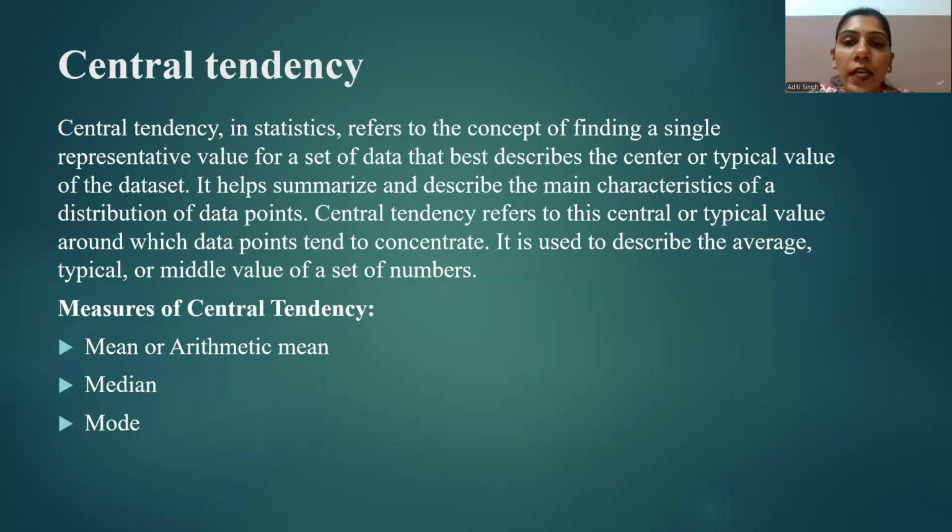It aims to provide an accurate description of the entire data in the distribution. On the basis of the meaning and definition of central tendency, we can say that it has some basic features.